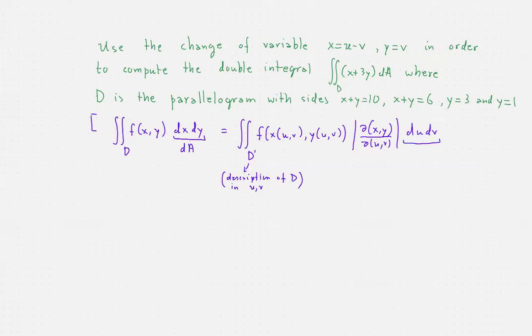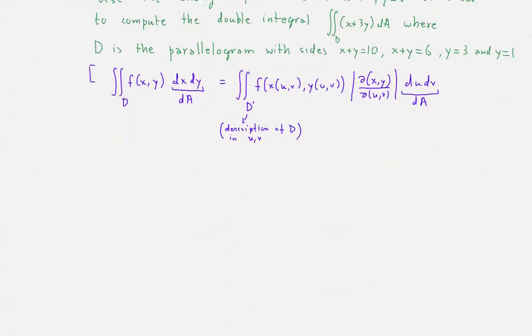The Jacobian determinant is the determinant of the first partial derivatives. So on the first row, we put the partial derivatives of x with respect to u and v. On the second row, we put the partial derivatives of y with respect to u and v. Okay, so this is the formula that we should work with.